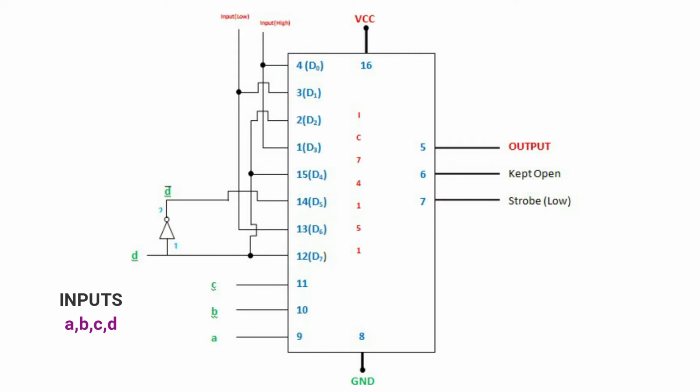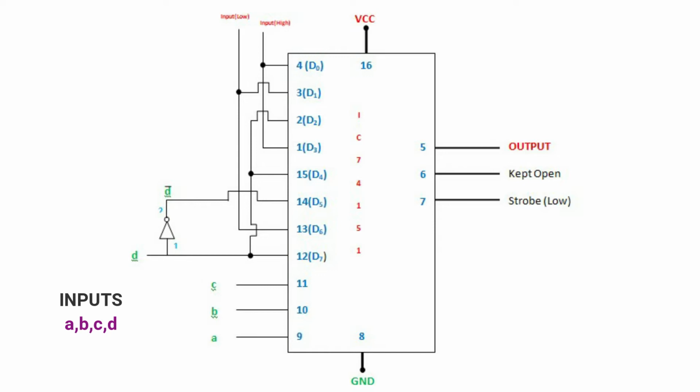From the truth table you can see D0 and D3 have a value high in the map entered variable column, so we have given a high input there. Similarly, D1 and D6 are connected to the input low, that is pin number 3 and pin number 13 of IC 74151.